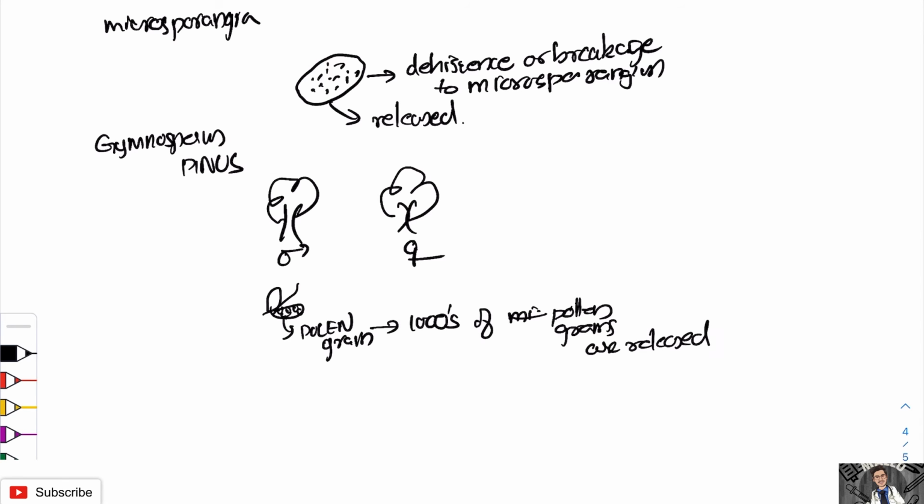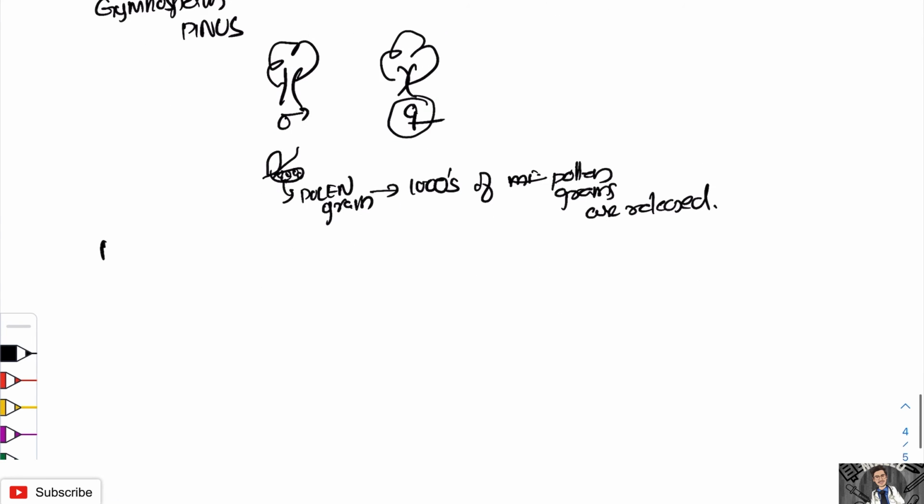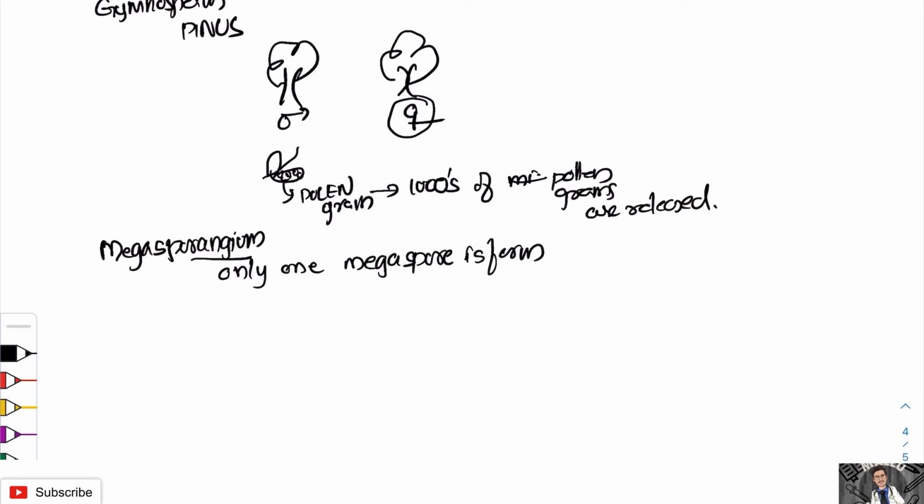Okay, but when it comes to the female gametophyte, in the megasporangium, only one megaspore is formed, and that cell is known as megaspore mother cell, or conventionally we call it as MMC.